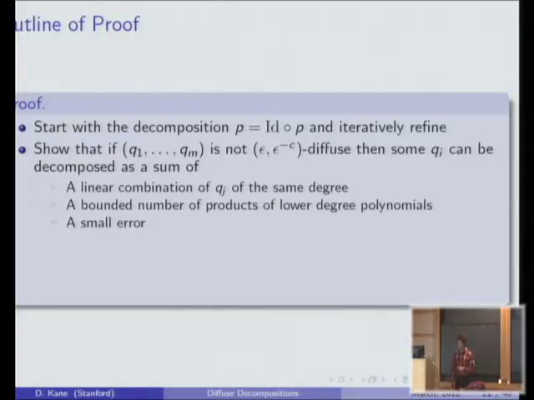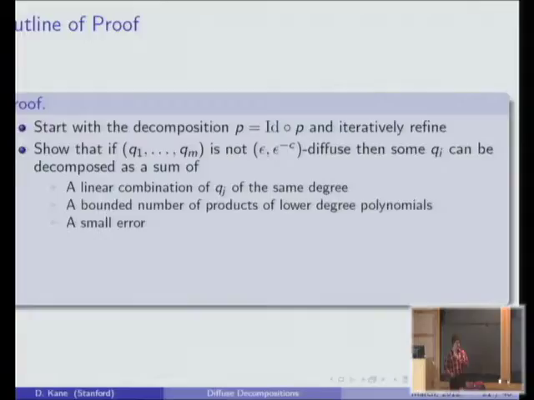In particular, it can be decomposed into a sum of the following: a linear combination of the Qj's of the same degree, Qj's from the same set, a bounded number of products of lower degree polynomials, and a small error term. And eventually, when our error terms become too small, we can just throw them away.